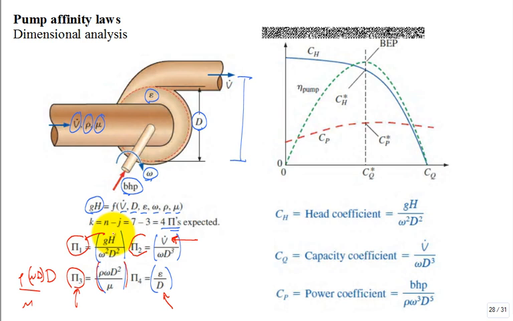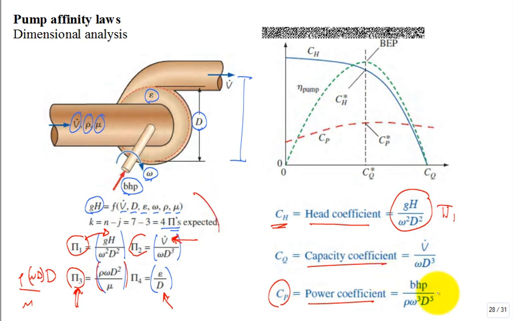So this is like dimensionless head gain, dimensionless flow rate, dimensionless inertial to viscous, a Reynolds number, and relative roughness. Then they talk about the head coefficient, giving it a name. What was this one? Wasn't that our pi 1? Well, you can give these pi groups names like Reynolds number, friction factor, relative roughness, head coefficient, capacity coefficient, even power coefficient. They didn't show it here, but it's in the discussion in the textbook.